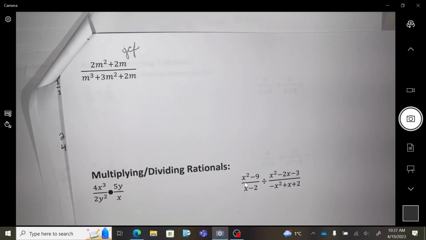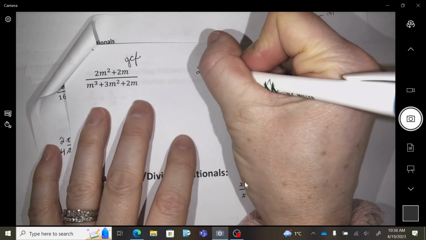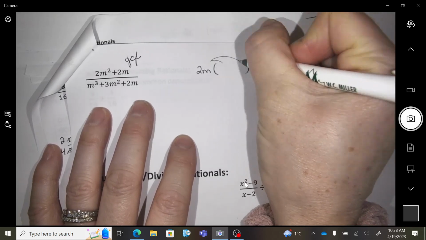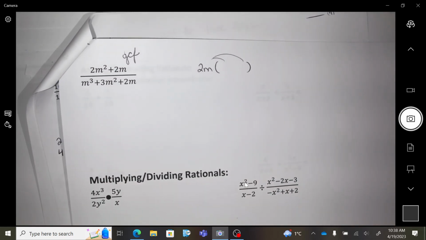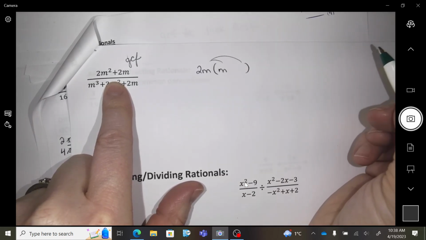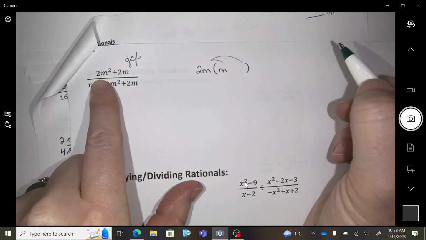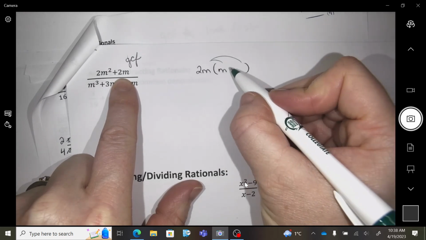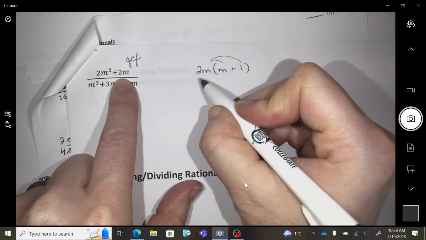Recognizing, recognizing, recognizing. GCF. So what am I going to take out of each? 2m. So 2m times m. 2m times 1.